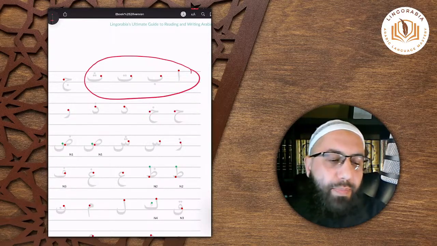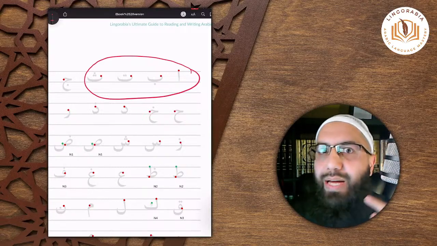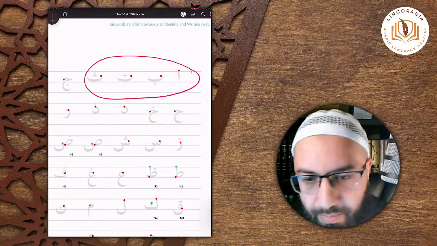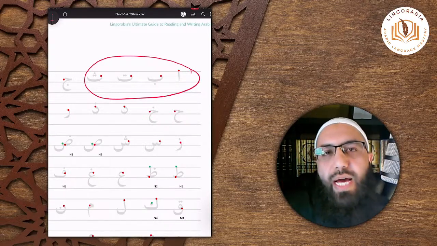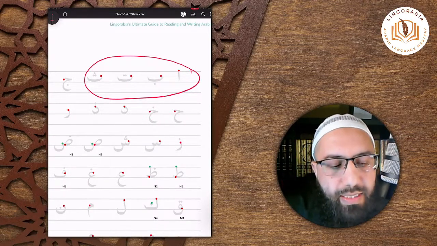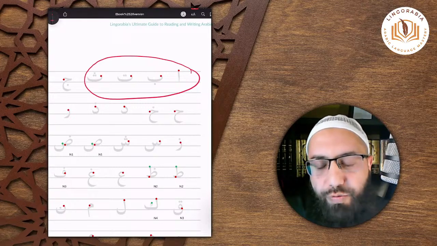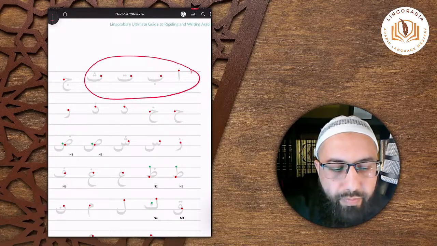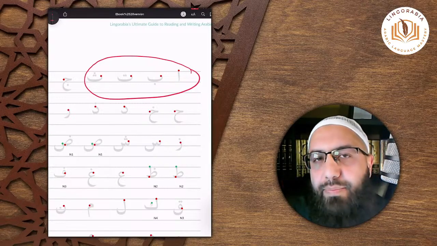Once you finish the shape, then you go to the dots. This is important to keep in mind for our future lessons. Is this last point clear for you guys? Give me a 1 in the chat if it is clear. Barakallahu fikum.